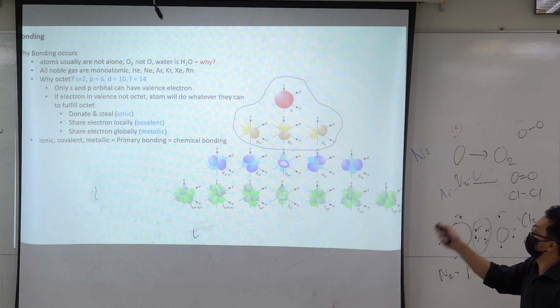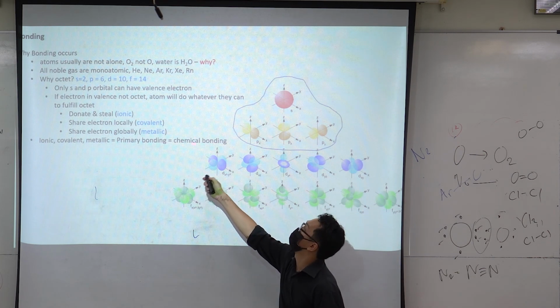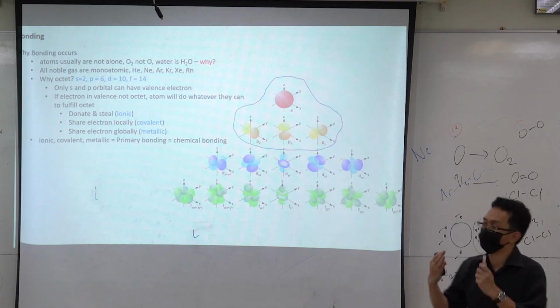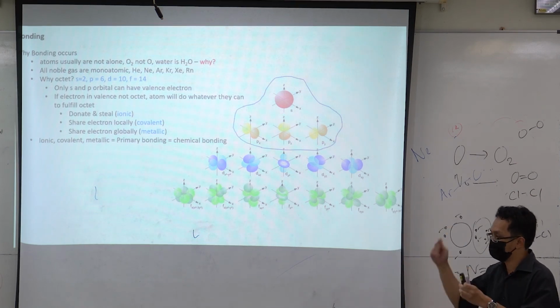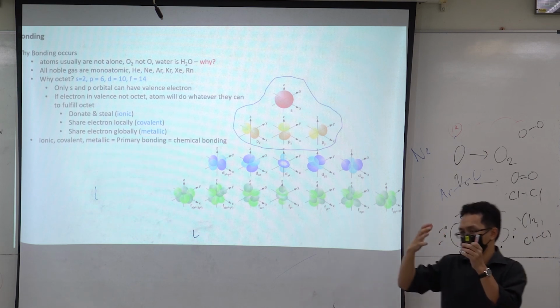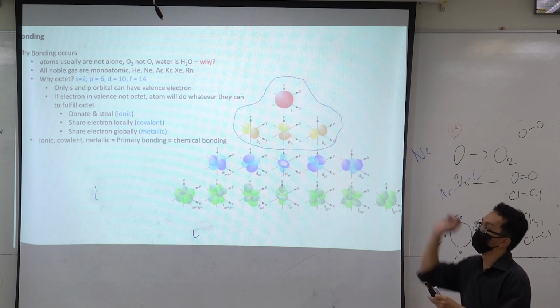So ionic, covalent, and metallic, we call primary bonding because it is chemical bonding. When people talk about chemical bonding, what it means is that the bonding occurs because electrons move somewhere, outside that atom or element. So when you donate, of course you move the electron, right?